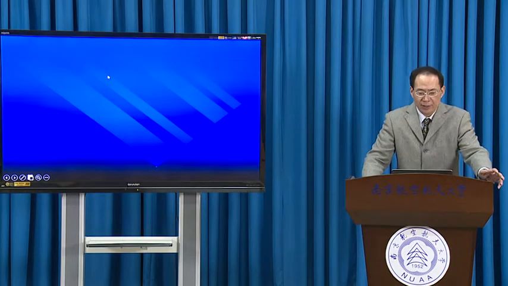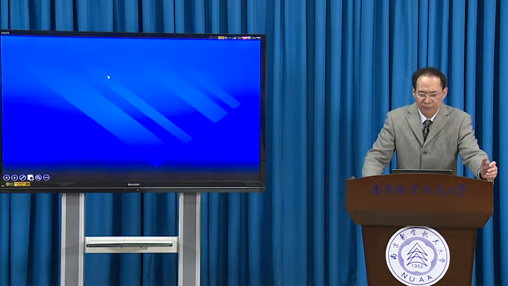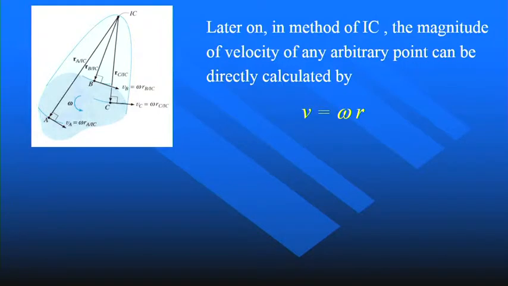Okay, since you already know the nature of this motion, later on, in the method of IC, the magnitude of velocity of any arbitrary point can be directly calculated by this formula: V equals omega R.